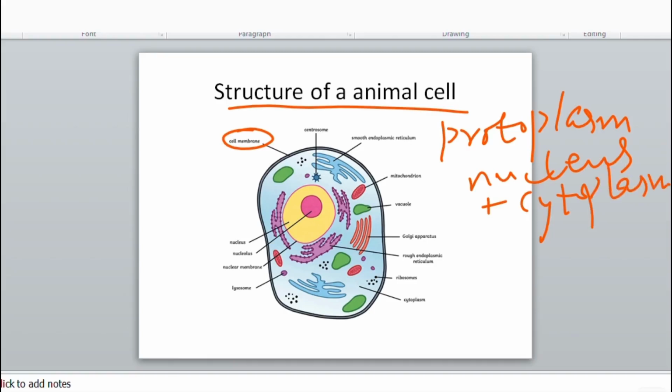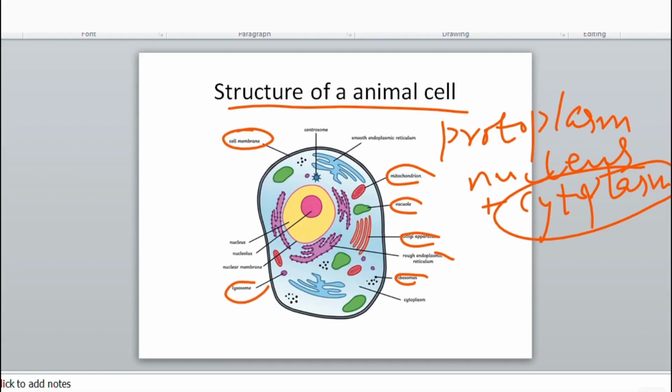Now, the cell's organelles are found in the cytoplasm. The cell's organelles include the ribosomes, the Golgi apparatus, the endoplasmic reticulum, rough and smooth, then the mitochondrion, the vacuole, then we have the lysosome.